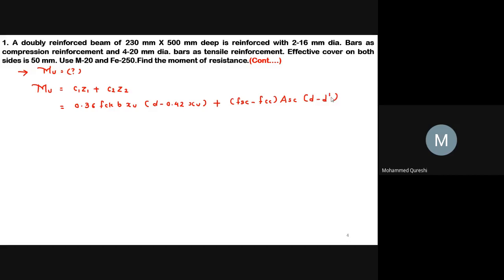This equation has been studied earlier in the basic concepts.